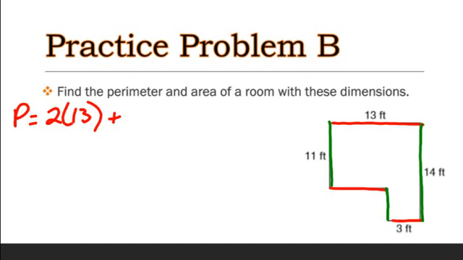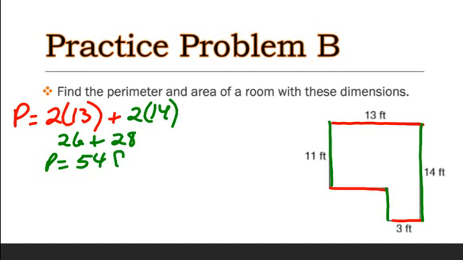So this has to be 3. So I have two groups of 14. If I add those together, I have 26 plus 28 to give me a perimeter of 54 feet.